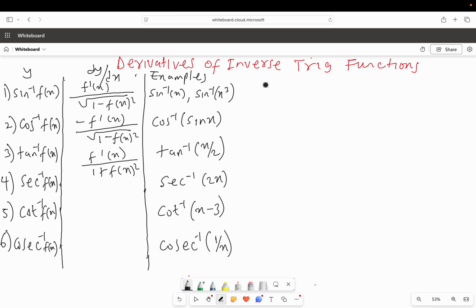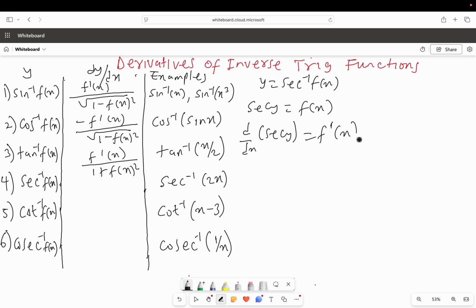So moving to the next trig function, I have y is sec inverse of f of x. If I take the sec of both sides, I'll just have sec y is just f of x. If I differentiate both sides with respect to x, the right side is f prime of x.